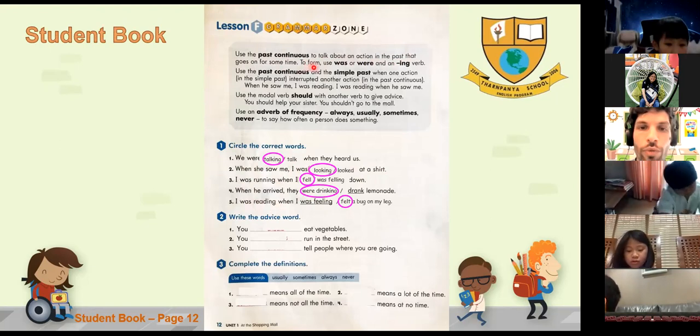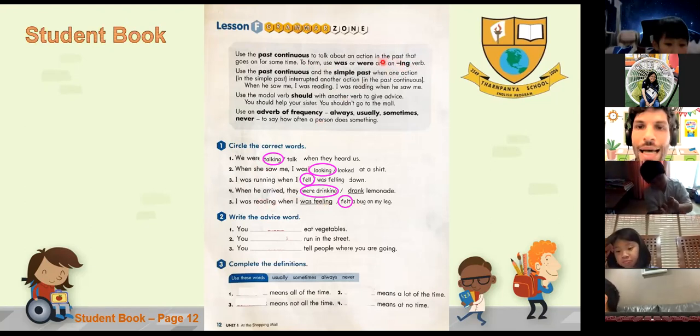To form the past continuous, as you know now, we use was or were plus the verb and ing: talking, looking, drinking, reading. Before the verb we need was or were. That's how we form the past continuous tense.